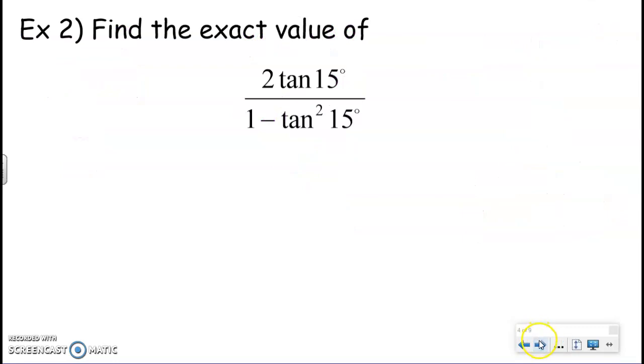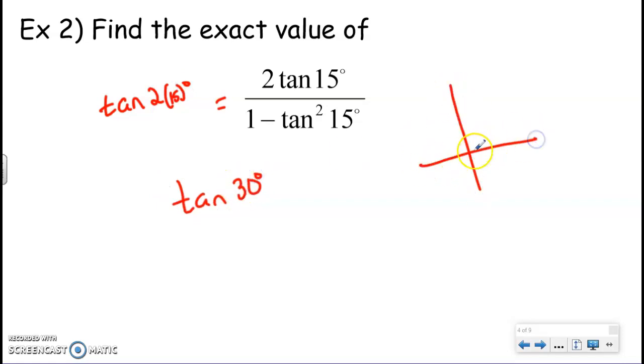Next problem, find the exact value of 2 times tangent of 15 degrees over 1 minus tangent squared of 15 degrees. We're actually going to use the formula for tangent. Theta is going to be 15 degrees here. Okay, so we're actually finding tangent of 30 degrees.